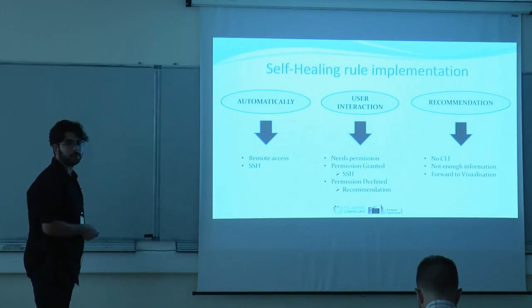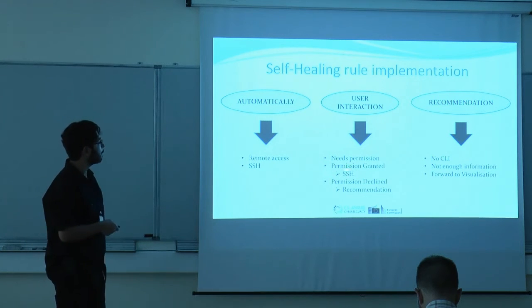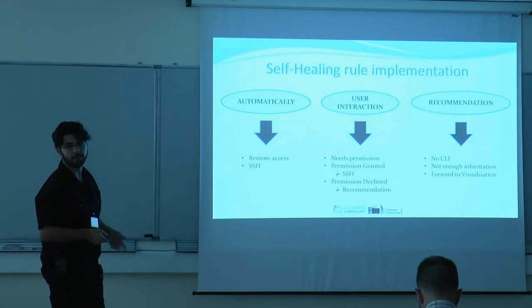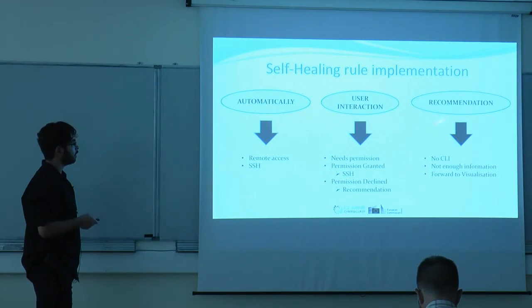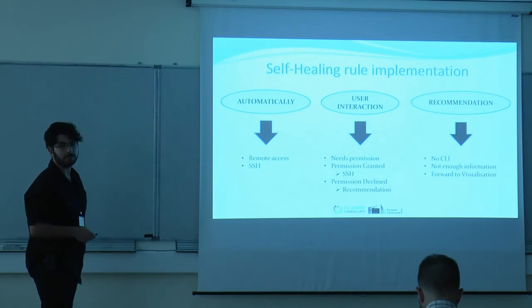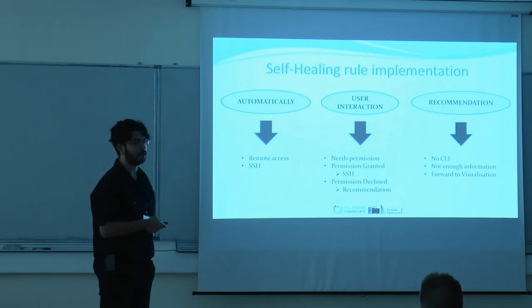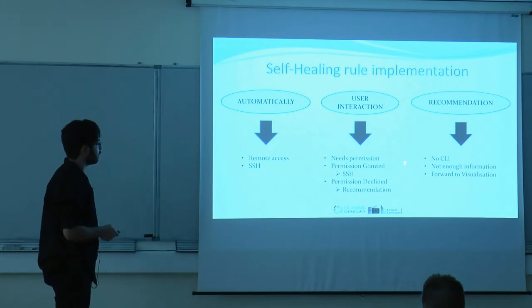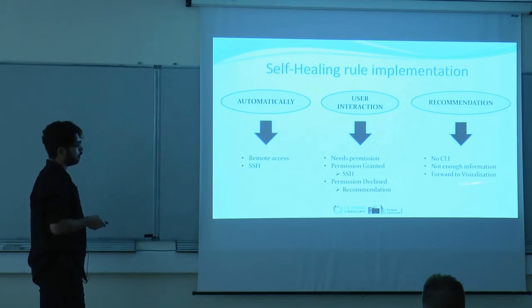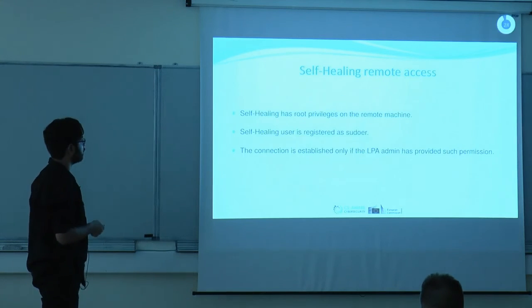Maybe sometimes user interaction is required. If permission is granted, okay. If not, then we provide it just as a recommendation, or we provide it as a recommendation from the beginning because no CLI is provided by the vendor, or we don't have enough information from other sources. And we forward the rule to the visualization.